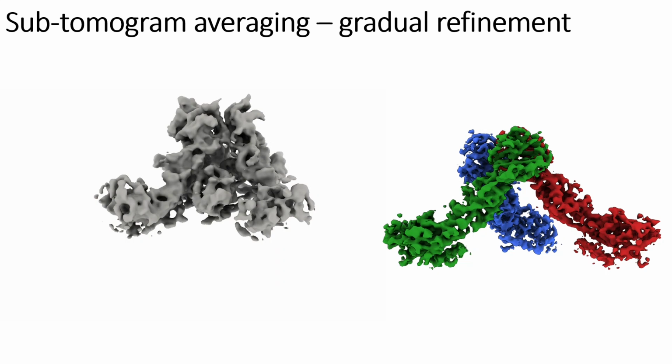This way you can actually get to very decent resolutions. Nowadays in this map you can see already the amino acid chain of the protein. Nowadays there are 3 angstrom resolution sub-tomogram averaged structures available already.